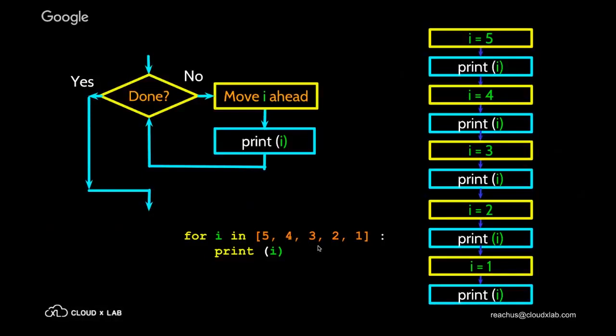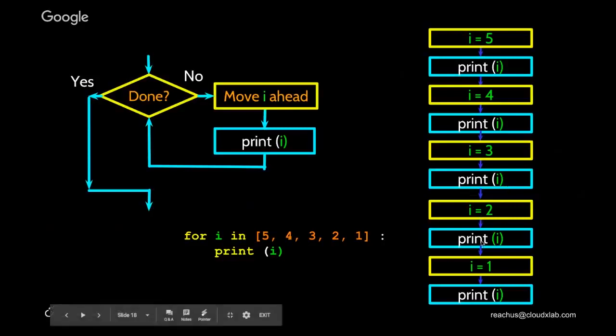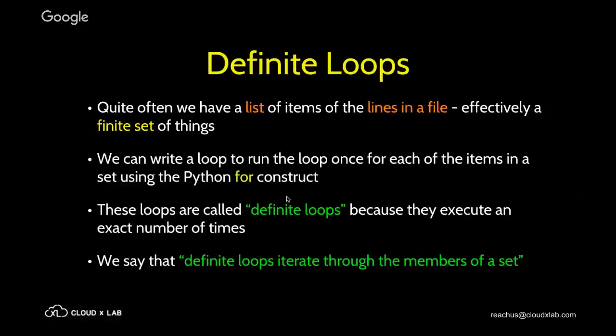That's how it detects the blocks. Clear? So first I will be 5, then it'll print, then I will be 4, then it'll print, then I'll be 3, then print, then I'll be 2, and then print I, and then I'll be 1 and print I. This is what is going to happen. So instead of you writing this much code, the system generates this for you. And internally, that's what is going to happen. So definite loops end.